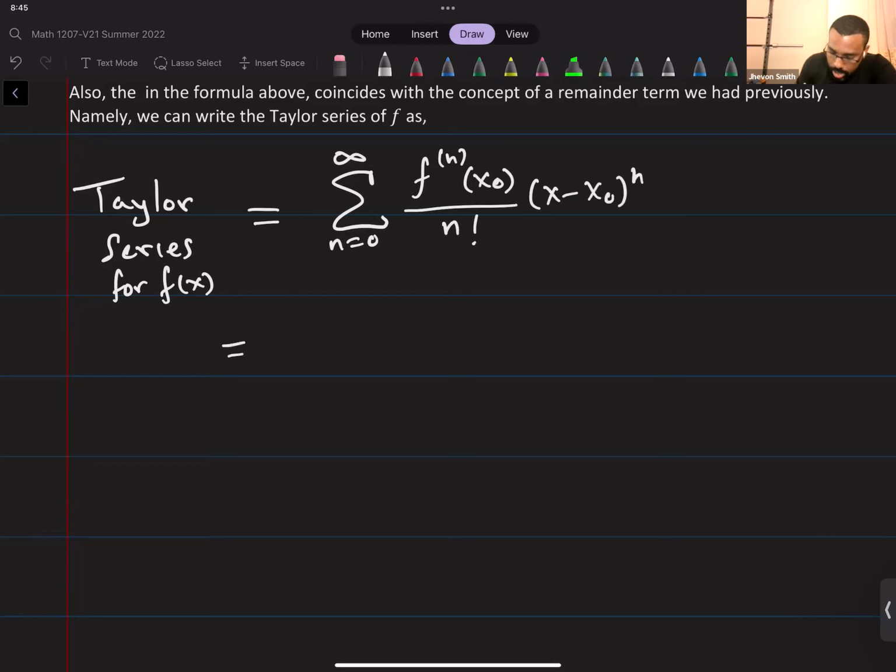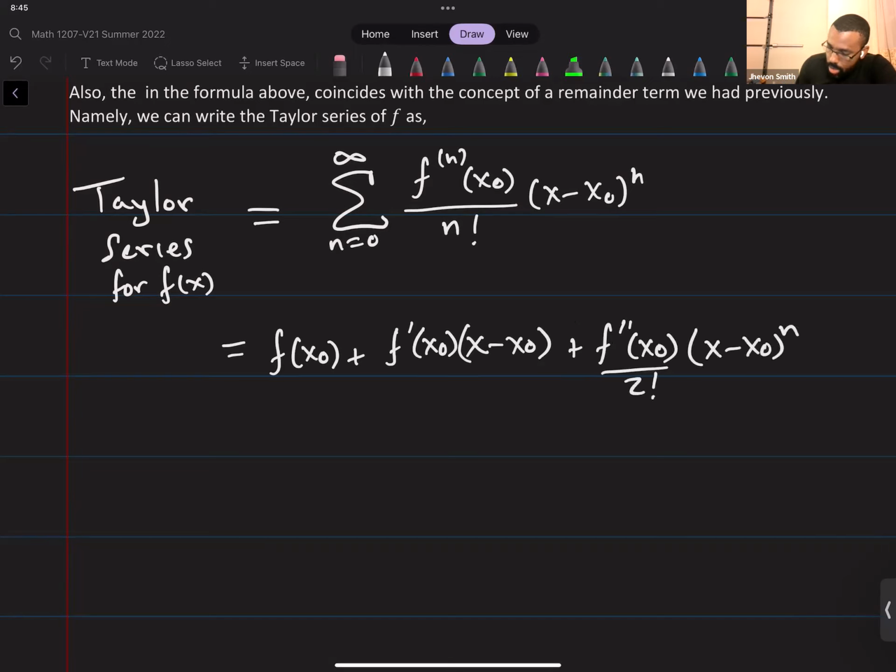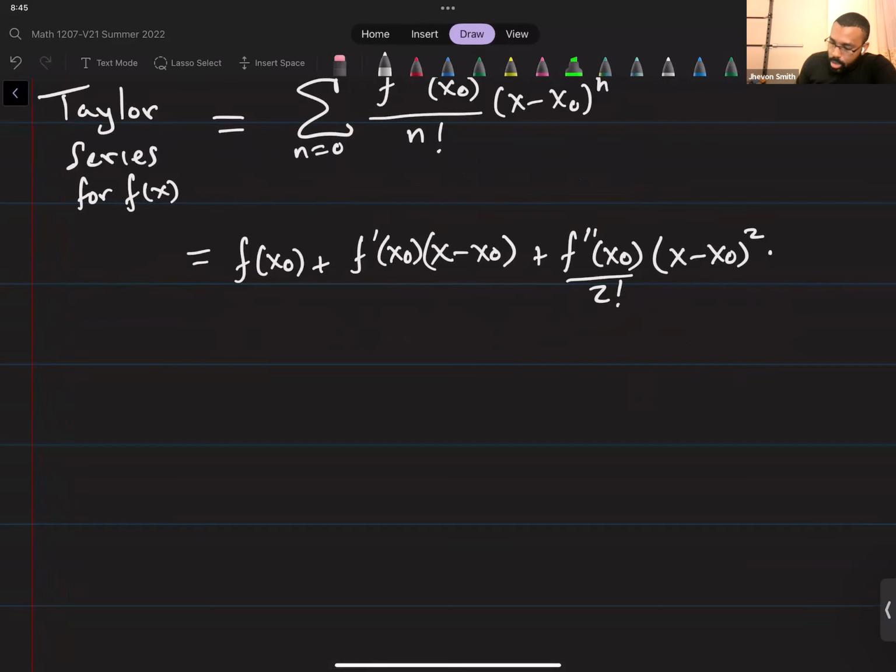You can start writing that out like f of x naught plus f prime of x naught times x minus x naught, plus f double prime at x naught over 2 factorial times x minus x naught squared, plus dot dot dot.